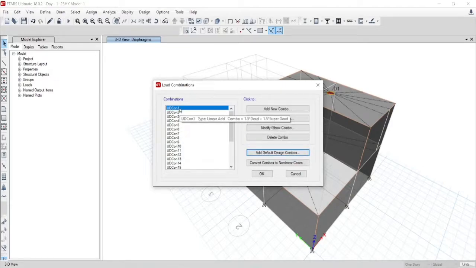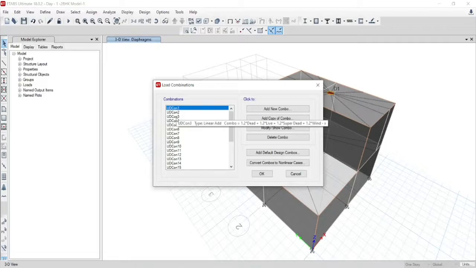Okay, you can check here what is U1, which is 1.5 times dead load and 1.5 times live load, and what is UD2, which is 1.5 times dead, 1.5 times live, and 1.5 times super dead load. The same way, you can rename this. If you want to rename, you can rename this.